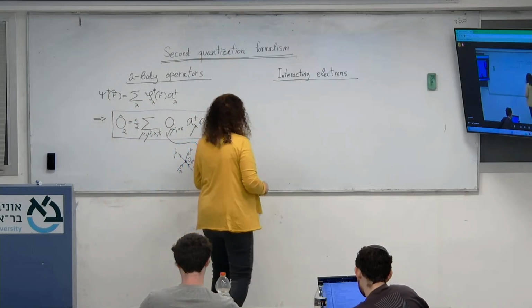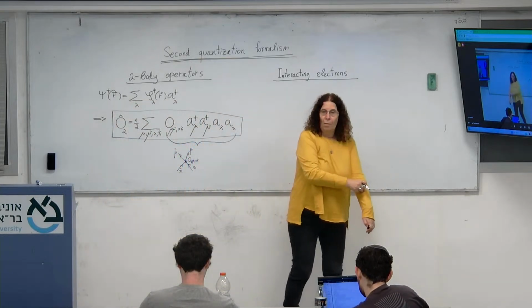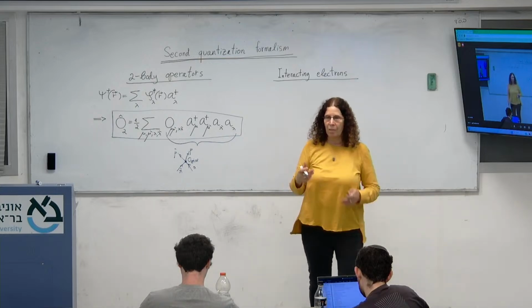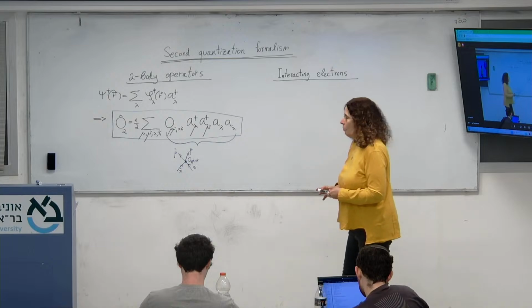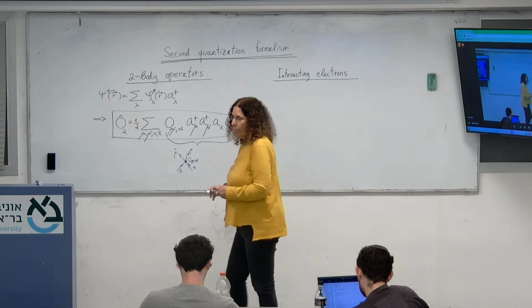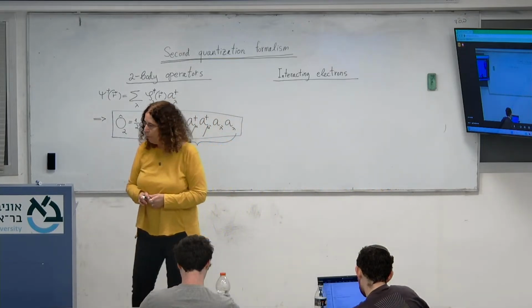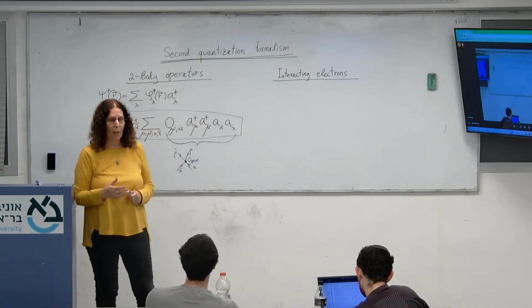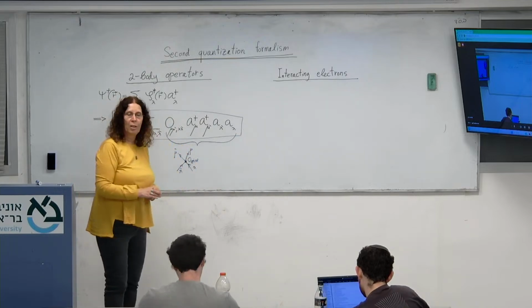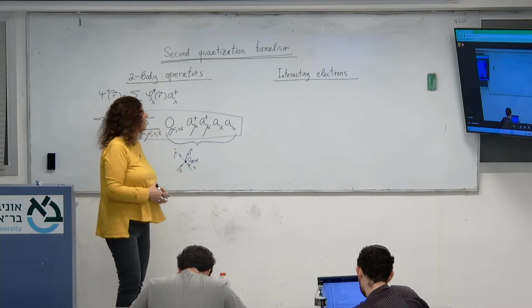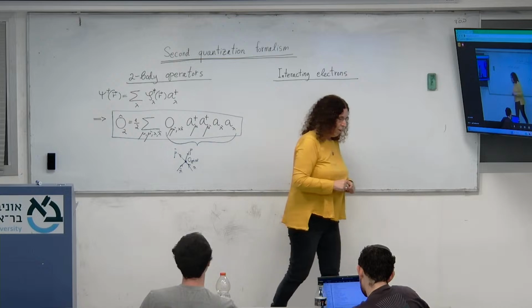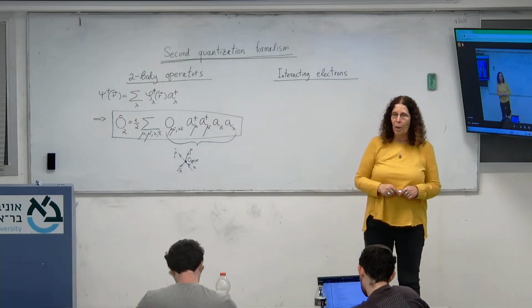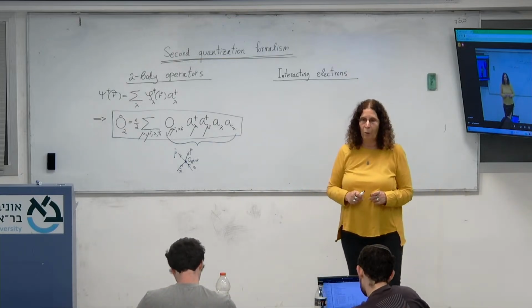But let us focus on electrons, because there is a spin index, and it's a very relevant problem to look at electrons in solids as an example for a case where, to describe many phenomena, you have to deal with the interactions.